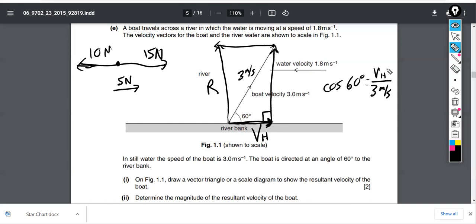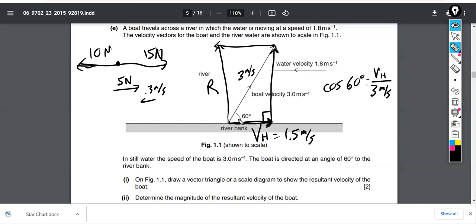And so I can readily calculate how much of this 3 meters per second is going to the right. But you do need some trigonometry. It's not that straightforward, so you've got to break out the calculator. The cosine of 60 degrees is a half, and half times 3 is 1.5. So of this 3 meters per second, 1.5 is going that way, which means there's a net velocity this way of 0.3 meters per second. When I add the rights to the lefts, I'm left with 0.3 meters per second left.